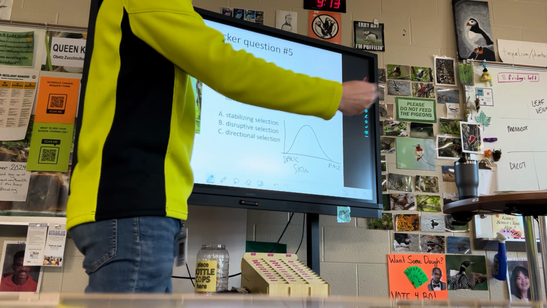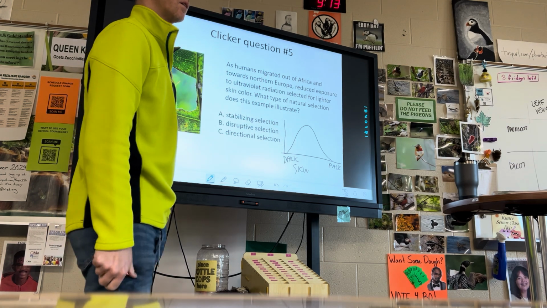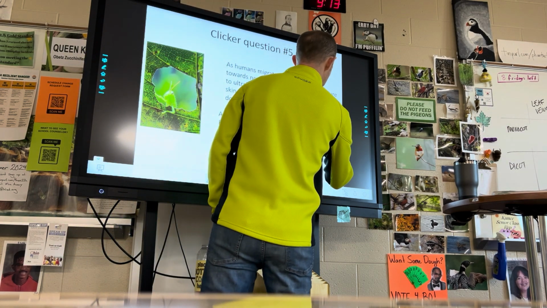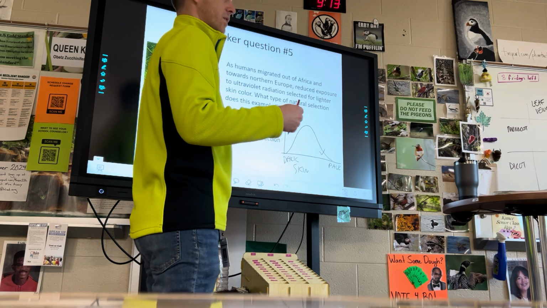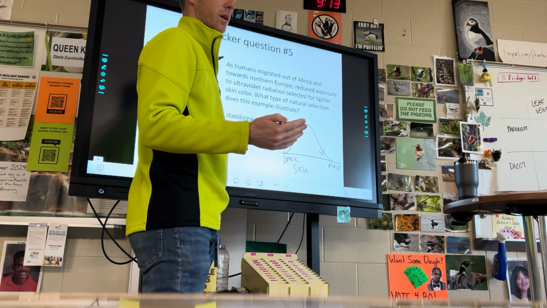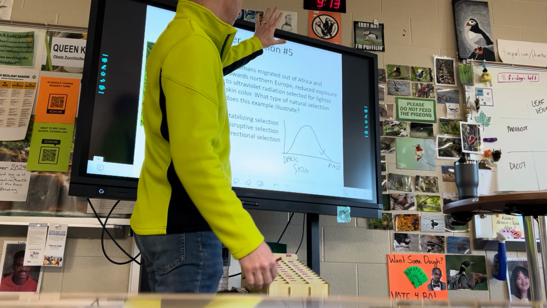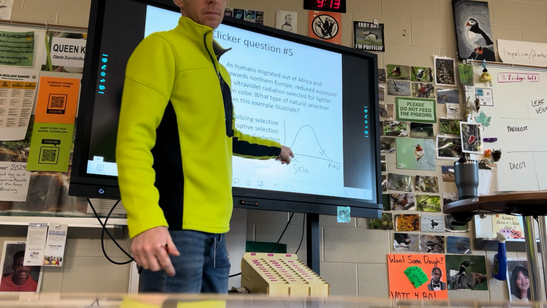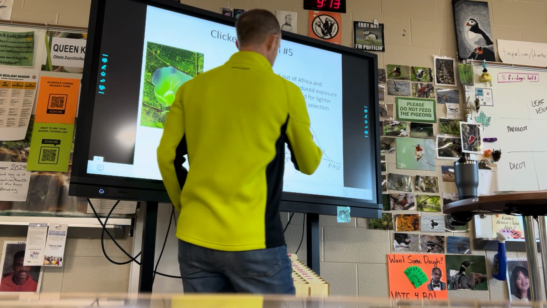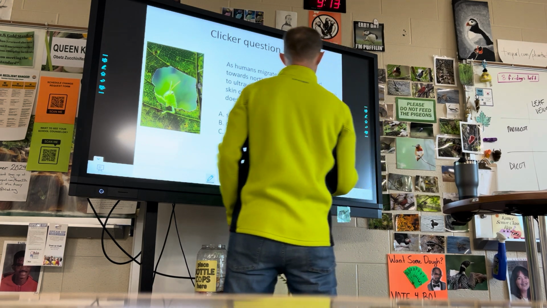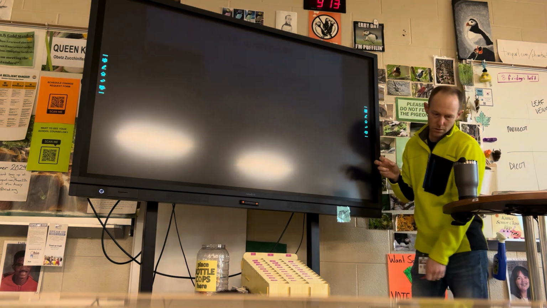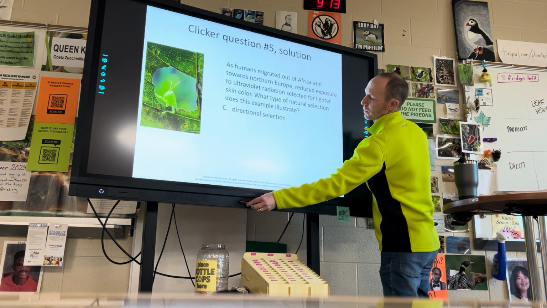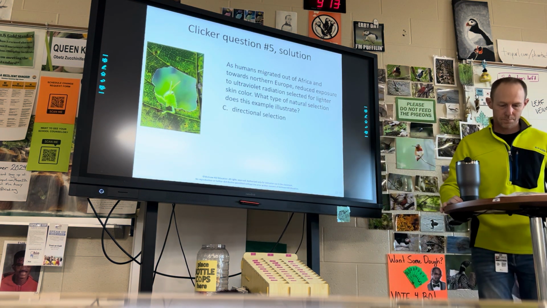That's the range of skin tones, right? If those individuals are favored, they'll reproduce more as you move away from selecting for darker pigment, for more melanin. And so everything just kind of slides over. It's directional selection. Directional. Got it? Good.